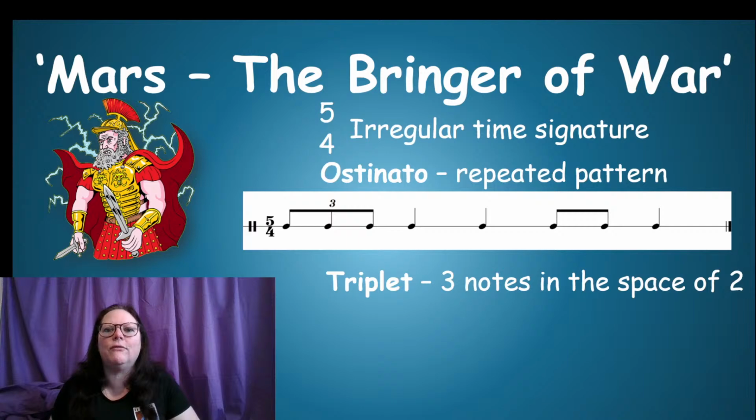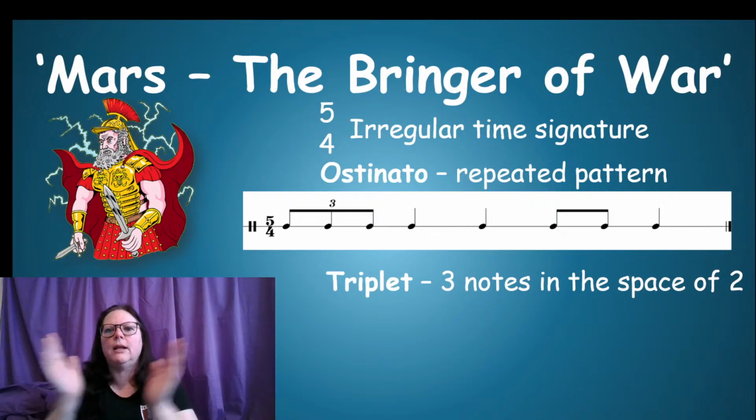I think we could have a go at doing this ostinato pattern in time with the music. So just have a little listen again so that you get a feel for how the ostinato pattern comes together. You can either tap your legs, tap a table, clap your hands.